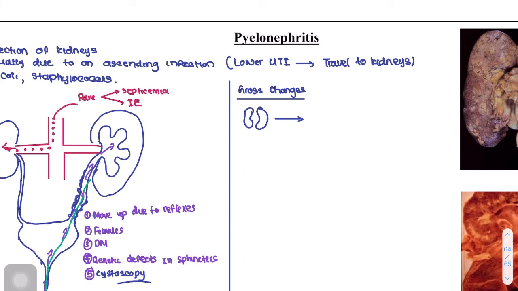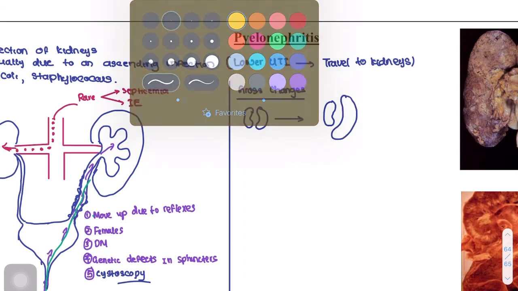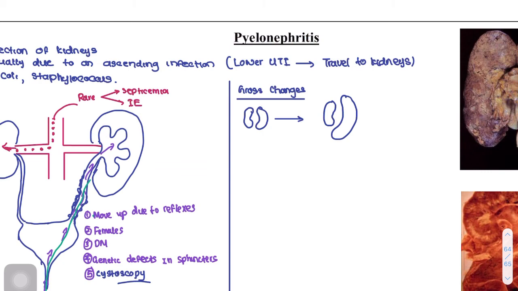Do you think both kidneys are going to be involved, or is it just one? It is going to be both kidneys. But in this situation, in an infection, unless the bacteria go to both kidneys, we get one kidney involved, and we get suppurative necrosis.